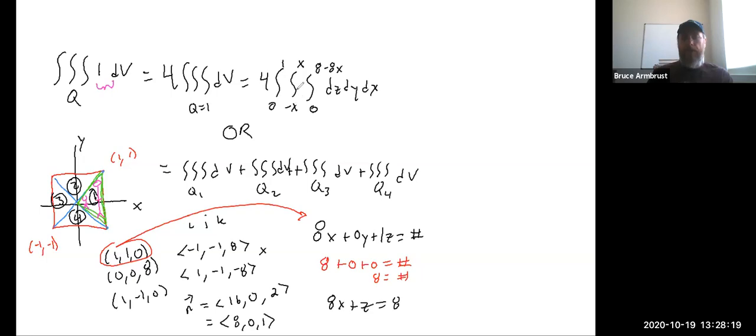So these bounds would be swapped and the x's would go from -1 to 0. But then the surface isn't 8 minus 8x anymore. So you'd have to find the equation of this plane. It probably is not going to surprise you that from symmetry, it's 8 plus 8x.